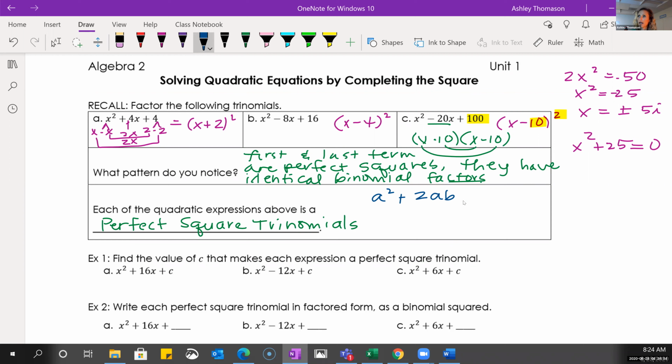That's where the 2AB comes from. And then the last term is your other perfect square. This pattern could hold true if there's a plus here or if there's a minus here.